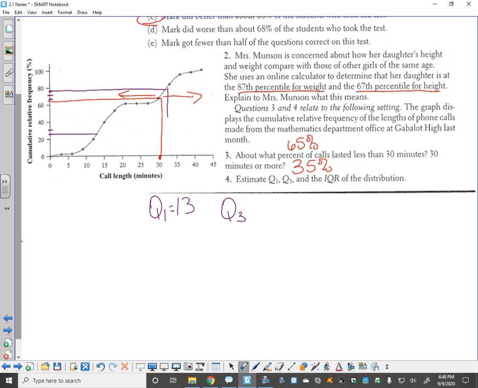I don't know, maybe 32. So IQR, 19, is that right? Yeah, 19. And these are minutes, so I'm going to put units of measurement on here. 19 minutes. Okay, awesome.